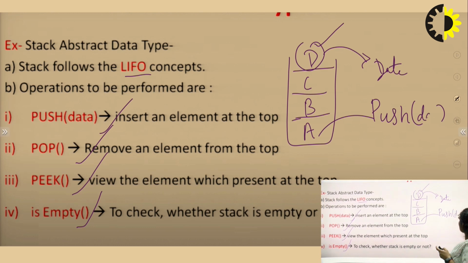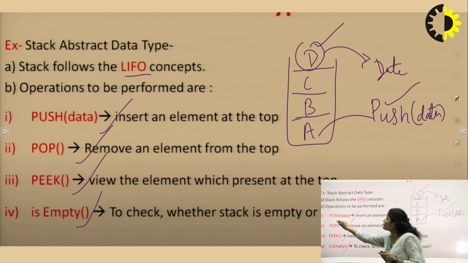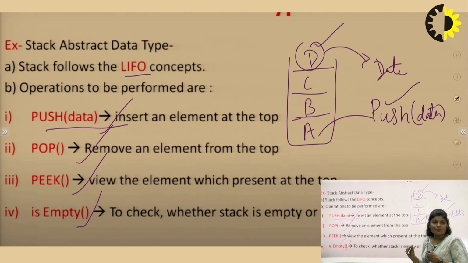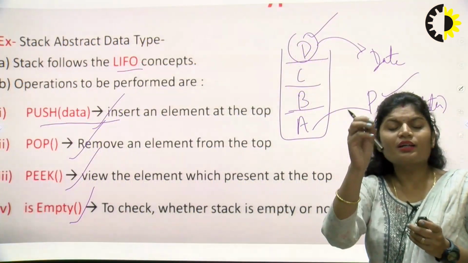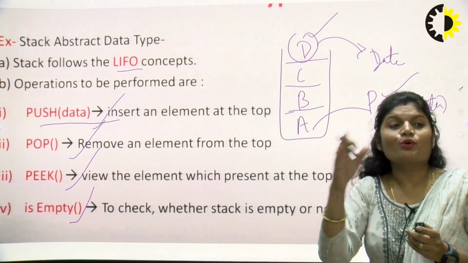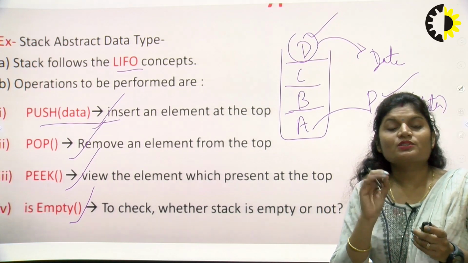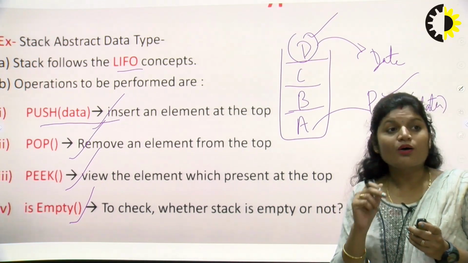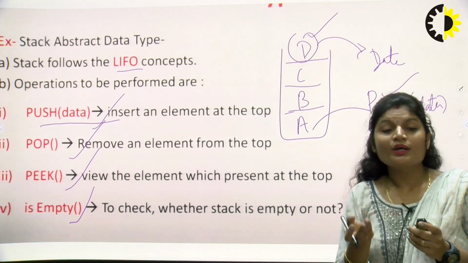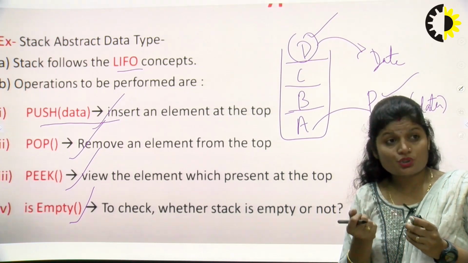So this is known by the compiler that you want to enter an element in the array. Push is one type of abstract data type. You don't know how push is performed or how push is working. You only declare the push operation in your program, because the user wants to enter an element in a stack.